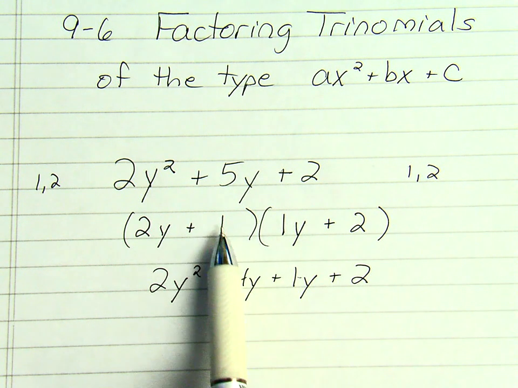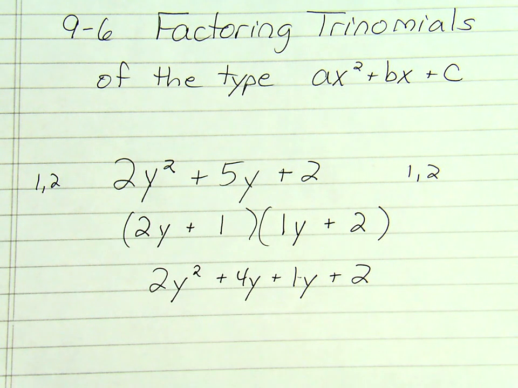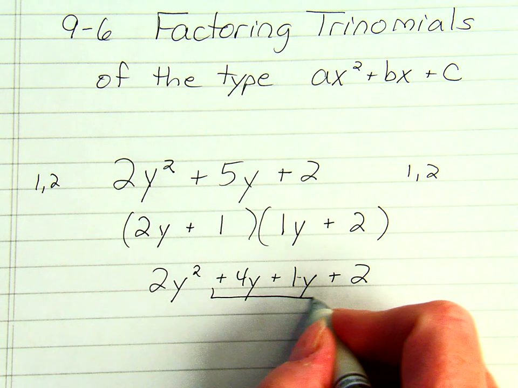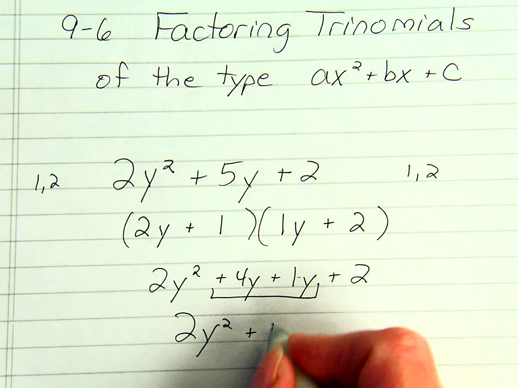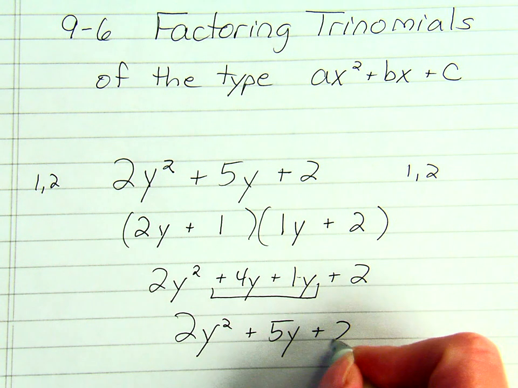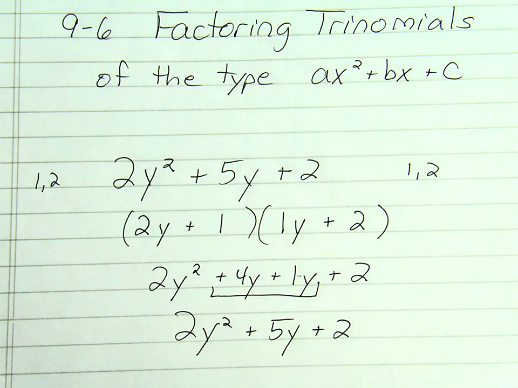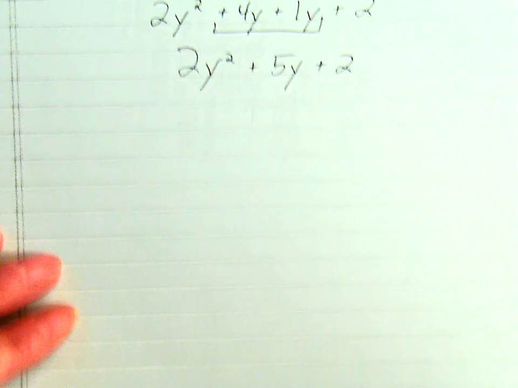Inside, this would have been 1 times 2, that would have been another 2 y's. So I would have only ended up with 4. I would not have the 5 that I needed. So combining this, we get the 2y squared plus 5y plus 2. Okay, so placement is important here.